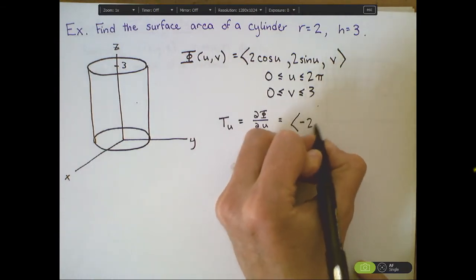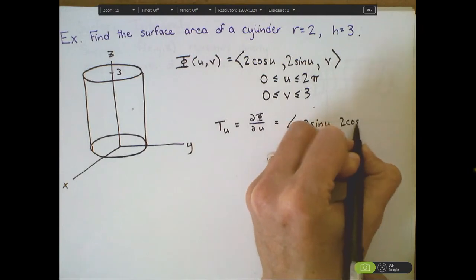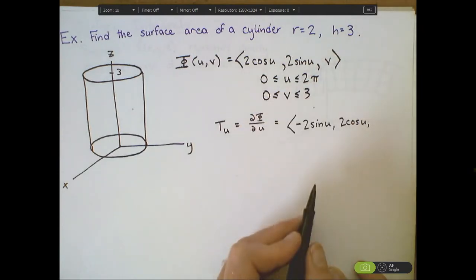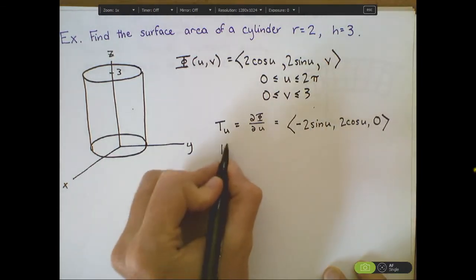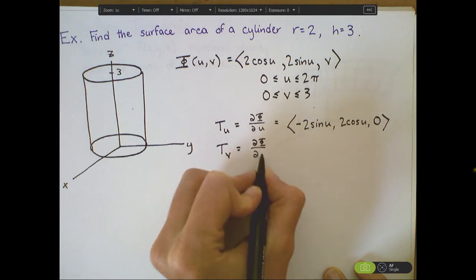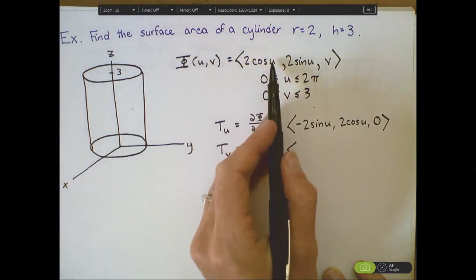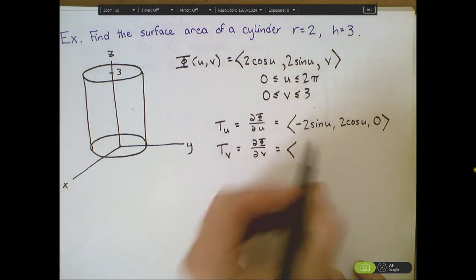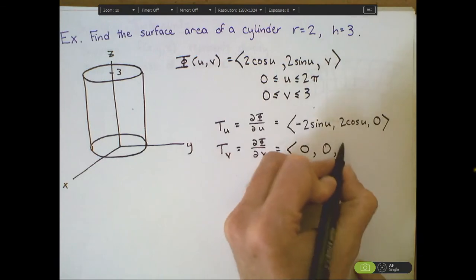I get negative 2 sine u, 2 cosine u, and because I'm treating v as a constant, the derivative of a constant is 0. Next, my t sub v is the partial derivative of my parameterization vector with respect to v. So treating u as a constant, this whole thing is just a constant and goes to 0. And my v is 1.